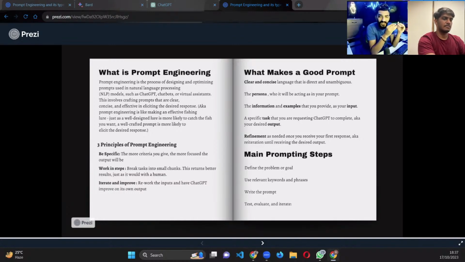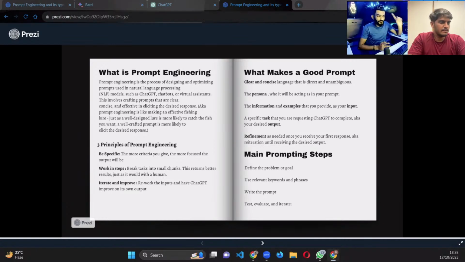Working in step by step form is basically for when it's a huge task. It's really very difficult to understand a huge task. But what we can do, we can break that large task into small bits and pieces, and then we can make our model understand what exactly we are trying to say.